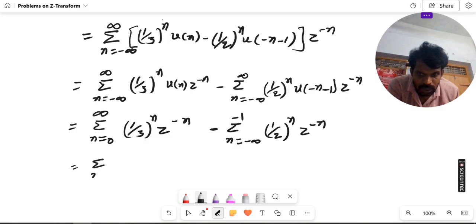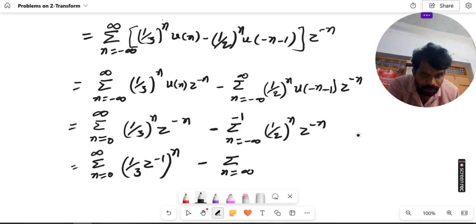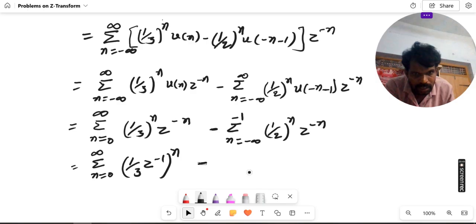Summation n is equal to 0 to infinity, 1 by 3 z to the power of minus n. Let us write this term in terms of alpha power n, z to the power of minus 1 whole to the power of n. Now first of all let us write it down as it is, and after that we will change.